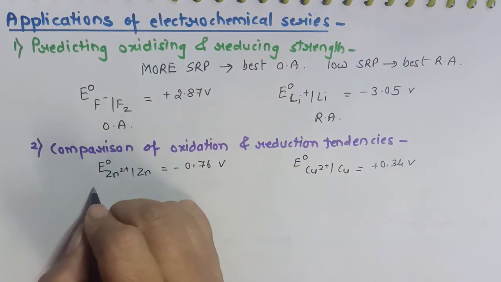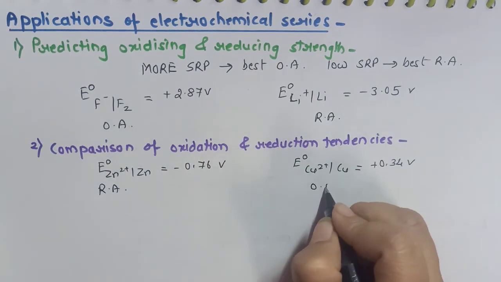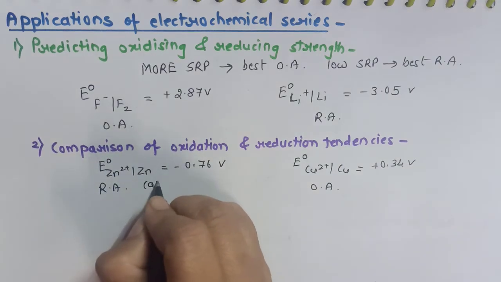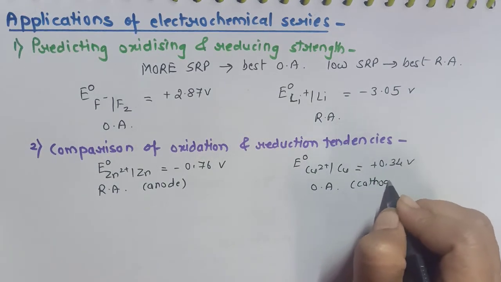Zinc, and therefore zinc will act as the reducing agent and copper will act as oxidizing agent. So if I want to construct a cell using zinc and copper, zinc is acting as reducing agent, so it will itself get oxidized and therefore it will act as anode, whereas copper will act as cathode.